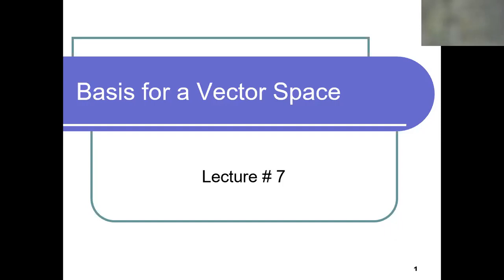And what does basis mean? Basis can be constructed through, let us say, a number of vectors in any subspace of a vector space V.